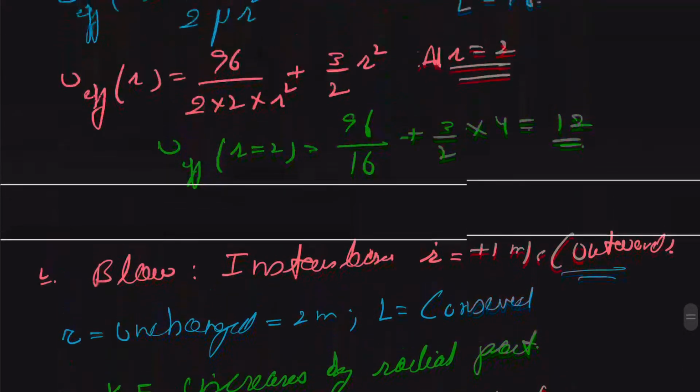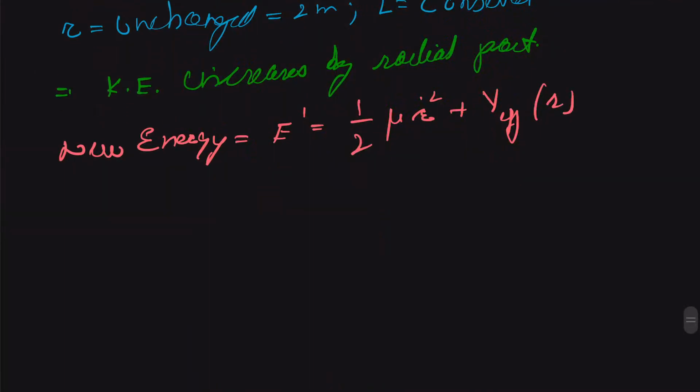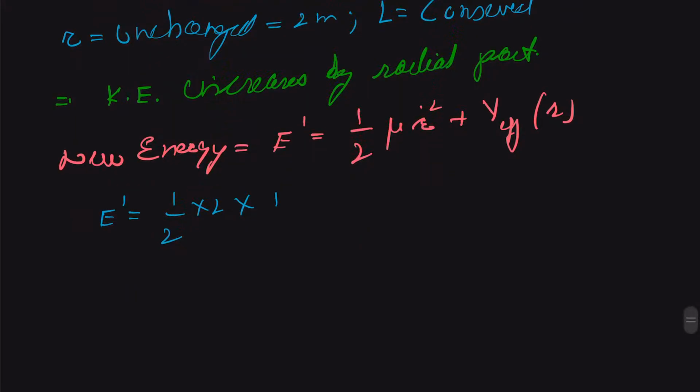V effective we just calculated is 12, and therefore we get this new energy will be equal to half, mass is 2, and our radial velocity is given as 1, so this comes as 1 raised to power square plus 12, so 2 and 2 cancel out, so this comes as 13 joules. So this is our new energy. It means the final energy after the blow will be 13 joule and before is 12 joules.